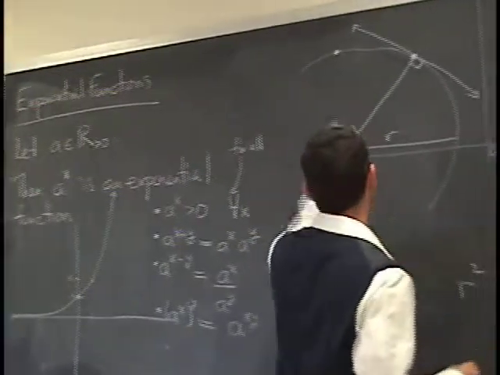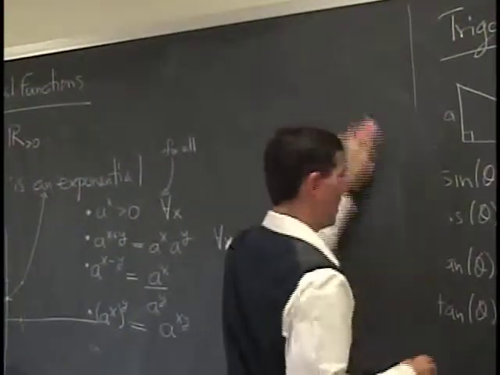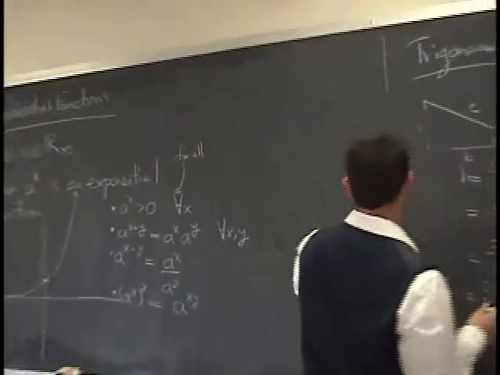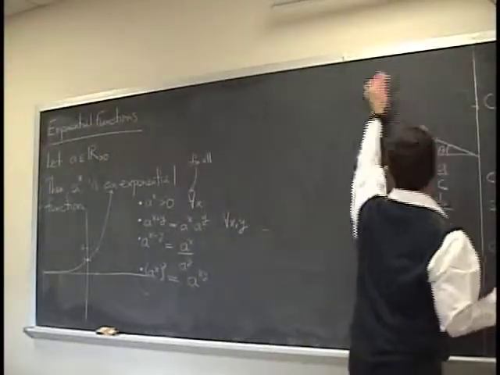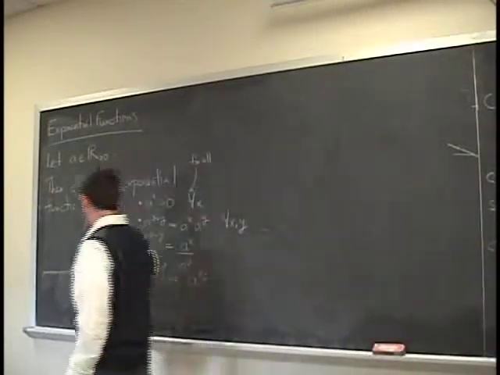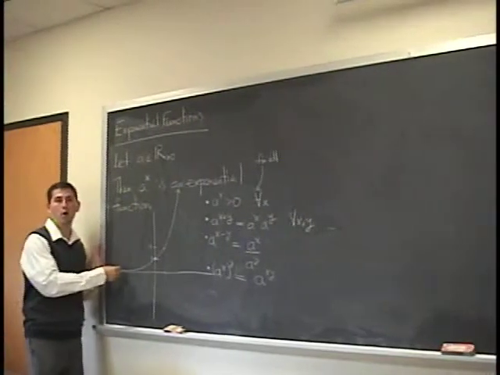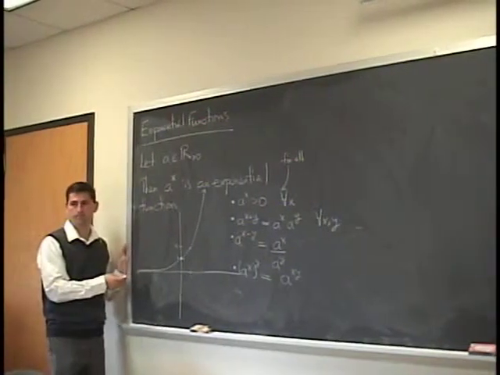Now let's compare it with logarithms. As we did with the sine, let's go back and recall something about our graph. Again, was e to the x, or a to the x in general, an onto function? Onto the real numbers.